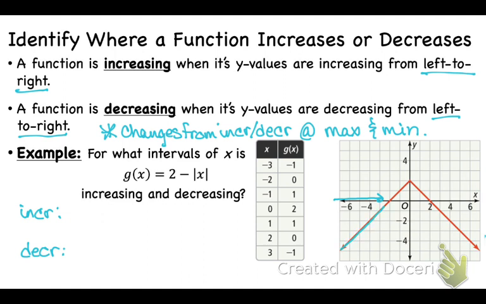So from negative infinity to what on the x-axis am I increasing? To 0. And these are all parentheses because I'm not talking at the point. I'm talking right, really close to the point, right? So then I go from 0 to what is it decreasing? To positive infinity.